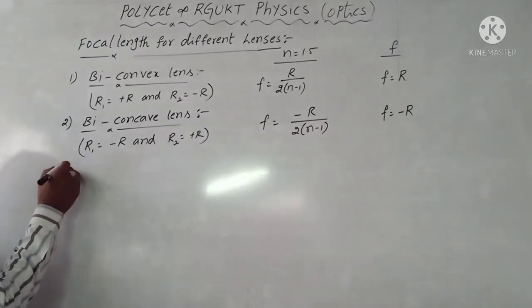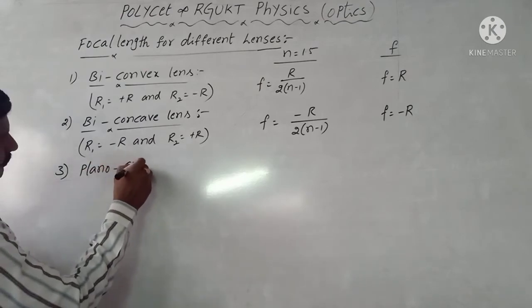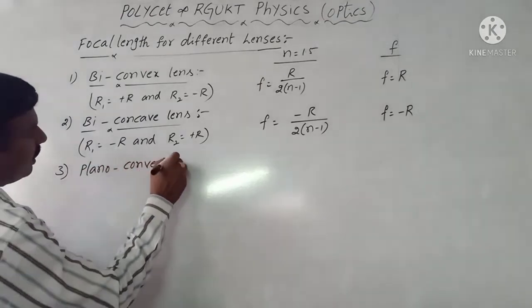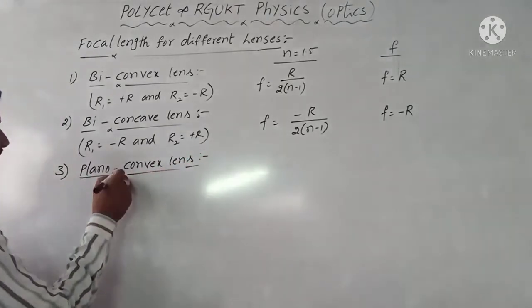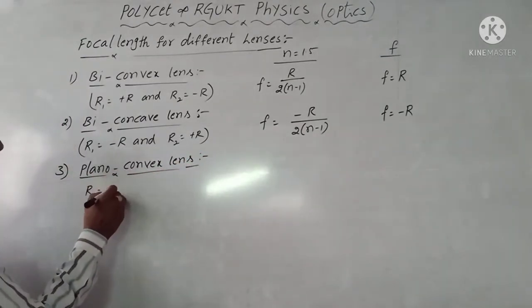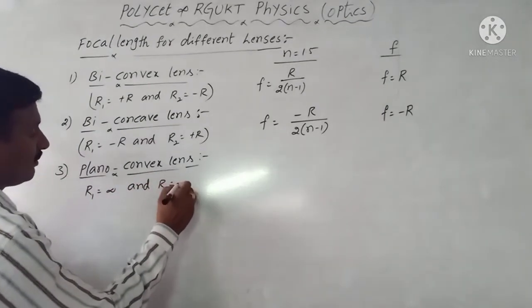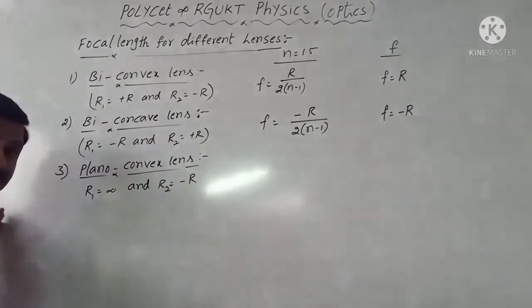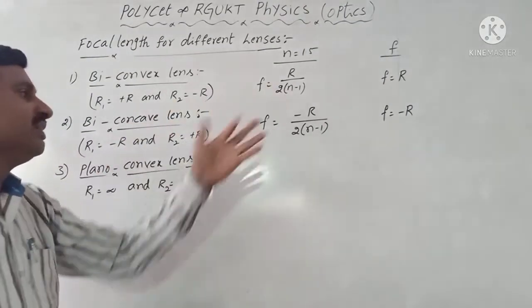Next, the third one is plano-convex. Plano-convex lens means here R1 is taken as infinity and R2 is taken as minus R. Again these two values are substituted in the same equation.